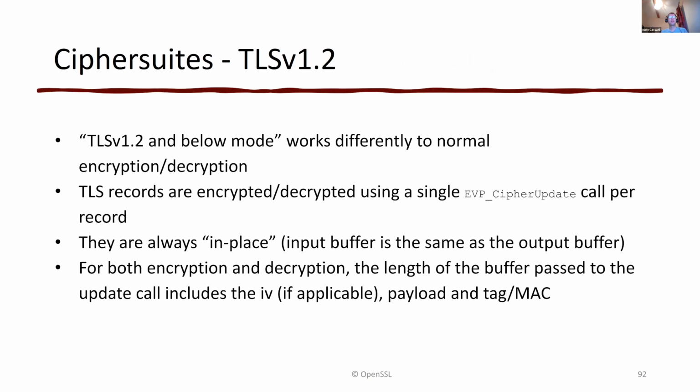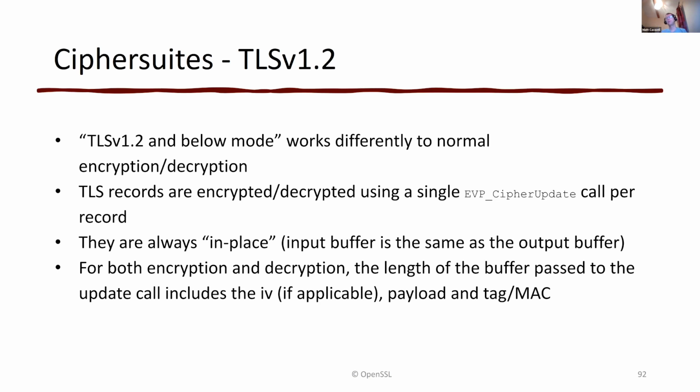So what does TLS 1.2 and below mode look like? How is it different to normal encryption and decryption? Okay, so TLS records are encrypted and decrypted in one go. The entire record is passed to your provider in a single cipher update call. Encryption and decryption is always in place.